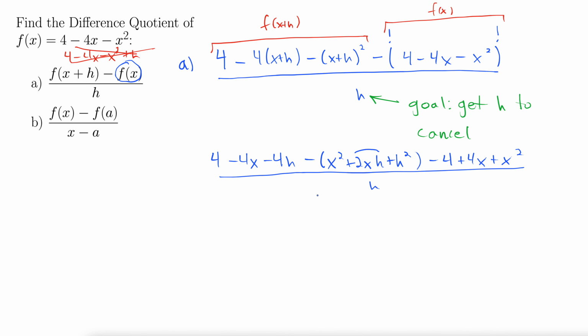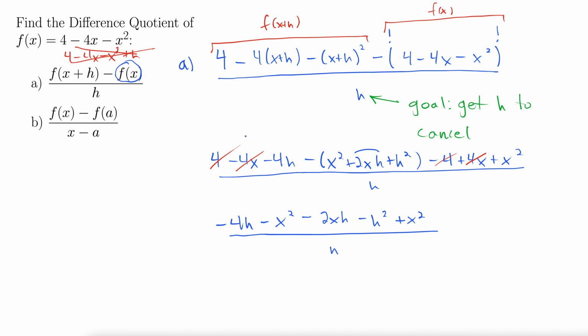All right, you want to look for some really nice cancellation here. So let's see, we have 4 and negative 4. We have minus 4x plus 4x. Let's take stock and do some simplification here. All right, so minus 4h minus x squared minus 2xh minus h squared plus x squared all over h.